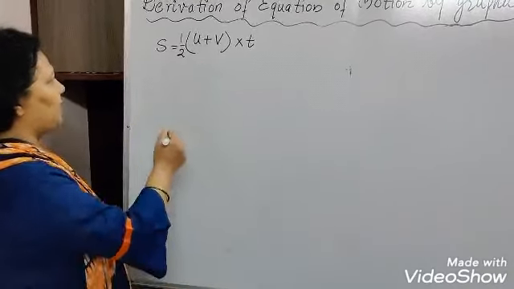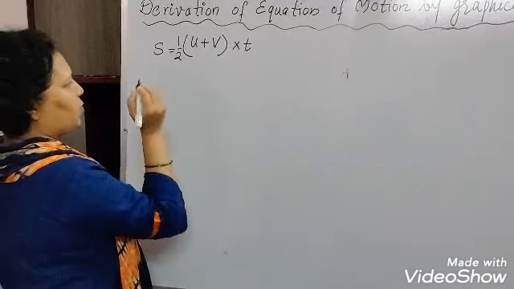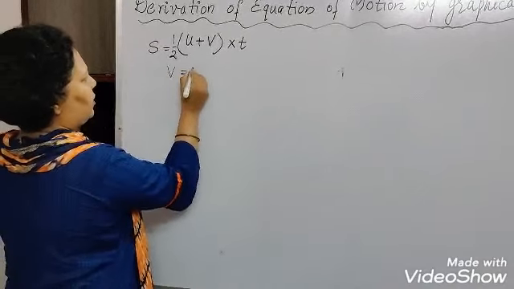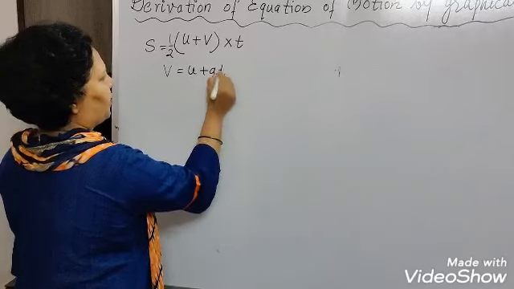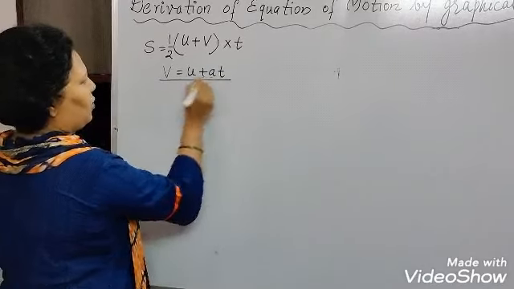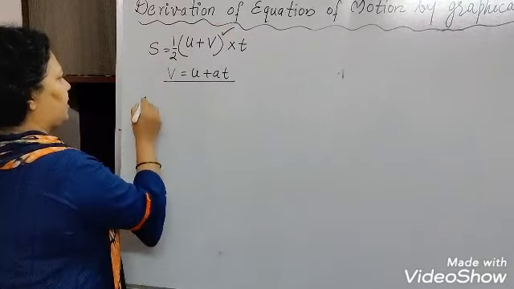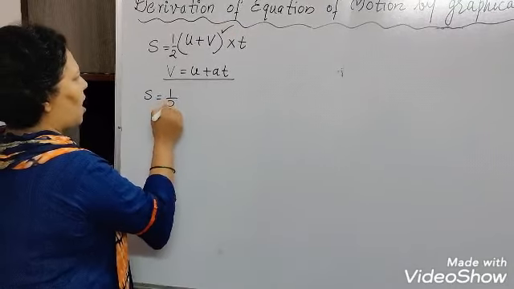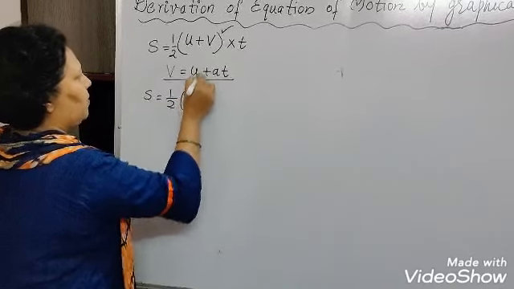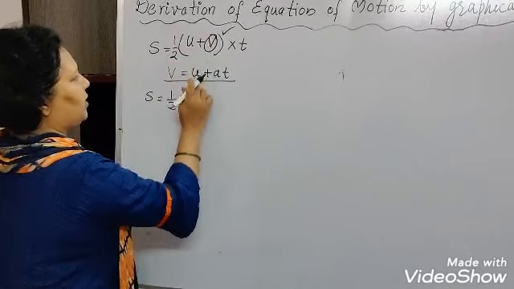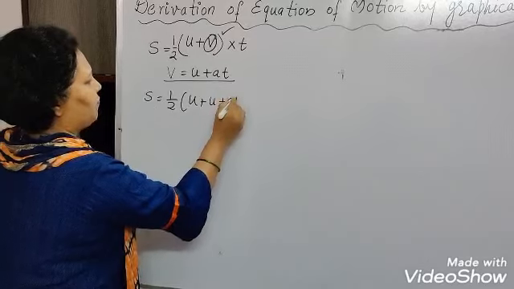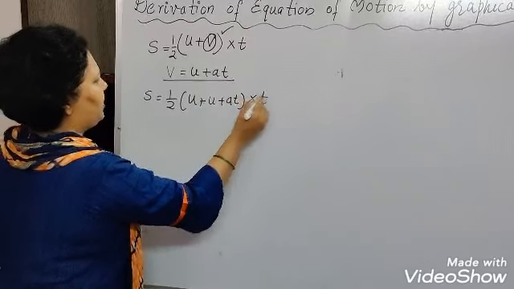Now, as we know, the first equation of motion is v equal to u plus at. We'll put the value of this v in this equation, so s equal to half u, and in place of v we are putting u plus at, multiplied by t.